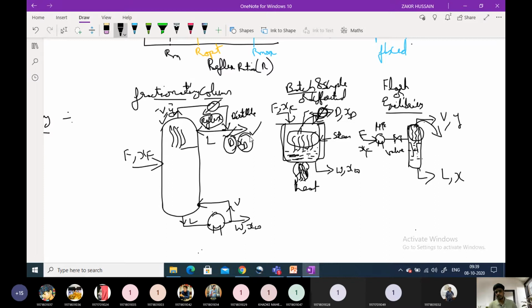Because in continuous operation, in petroleum operations or in the pharmaceutical industry, in every industry, controlling the distillate is very important.